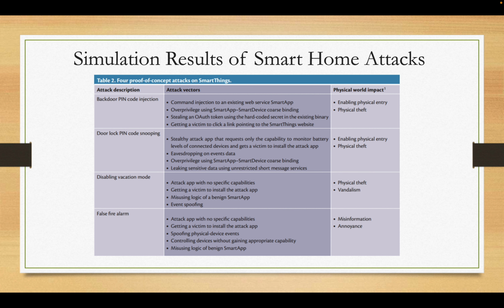You have a door lock pin code snooping, which also enables physical entry, disabling a vacation mode, and then, like I used in the other one, a false fire alarm, which is annoying, a nuisance, and misinformation. So there are varying levels of attacks that one can use if they want to hack into smart systems. Some are more annoying, and some are definitely more serious and can be a loss of life or safety potentially.